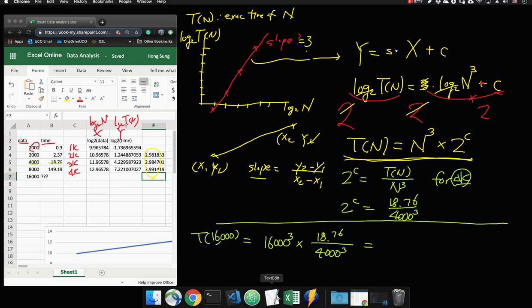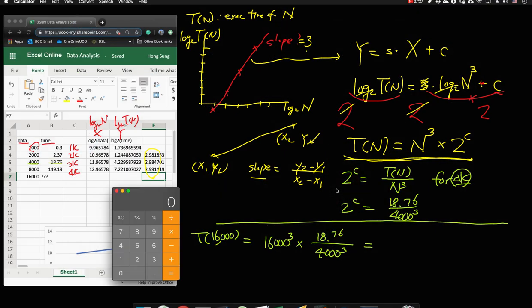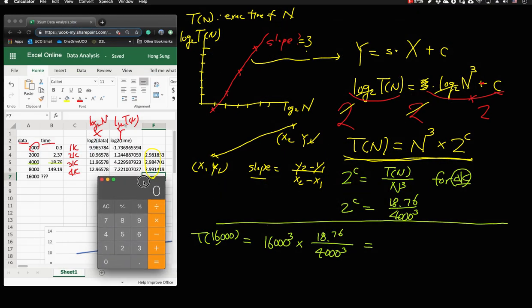If we solve this one, let me try to solve it with a calculator. So let me bring up a calculator. It's going to be a huge number.